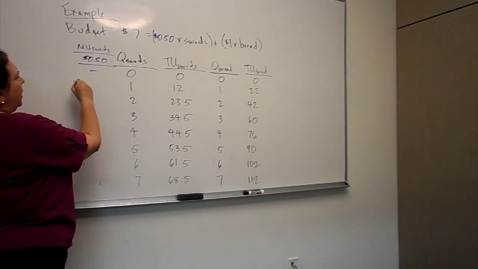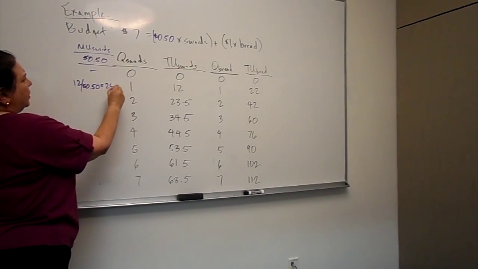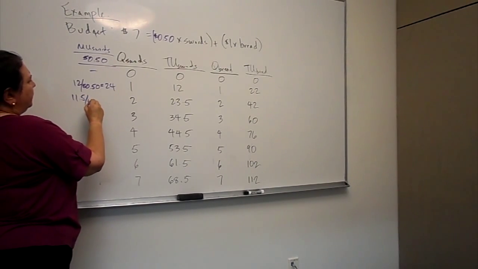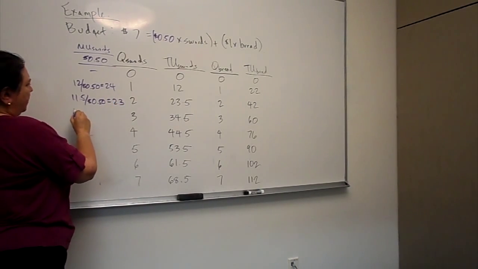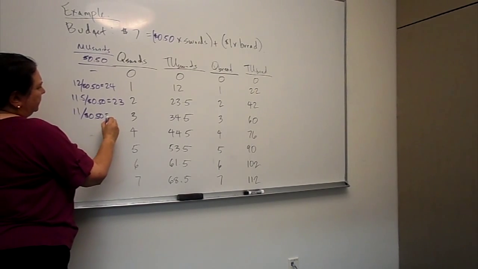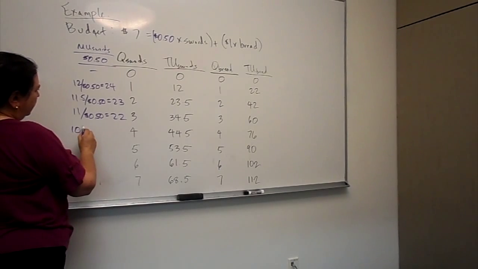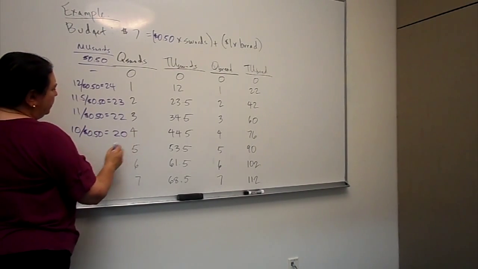And that's now 12 divided by 50 cents, so that's 24. Now it's 11.5 divided by 50 cents. That's 23, and we just keep going like that. Well, it's 22, 10 divided by 50 cents. That's 20, and we just keep going.